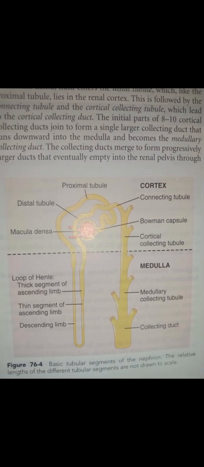Then another picture, it shows the basic tubular segments of the nephron. The relative lengths of the different tubule segments are not drawn to scale, but approximate information can be obtained from this picture. We can see descending limb, thin segment of ascending limb, loop of Henle, thick segment of ascending limb, then macula densa region, distal tubule, proximal tubule, cortex region, then connecting tubule region, Bowman capsule, cortical collecting tubule, then medulla region, medullary collecting tubule is there, then collecting duct can also be seen.